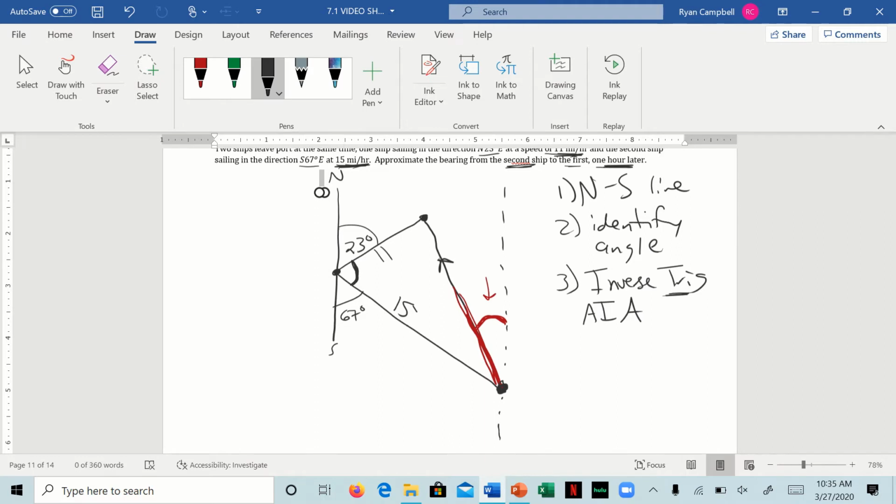So obviously that's going to be 180 minus 23 minus 67, because that whole straight angle, we're taking away those two. So 180 minus 23 minus 67 is 90. Oh, okay. This actually makes things a little easier on us. This is just a 90-degree angle.